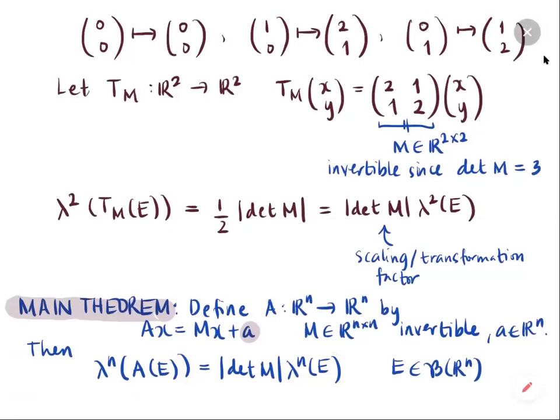Few remarks on this theorem. This is in fact also valid even in the case where M is not invertible. So in that case, the determinant would be 0. And both sides will now be equal to 0. So if your matrix is degenerate, then your affine transformation will give you an image set that has measure 0.